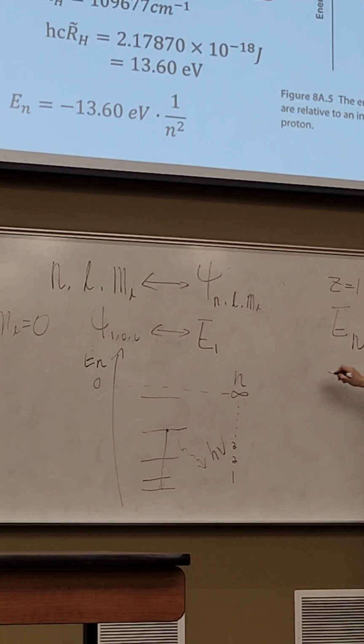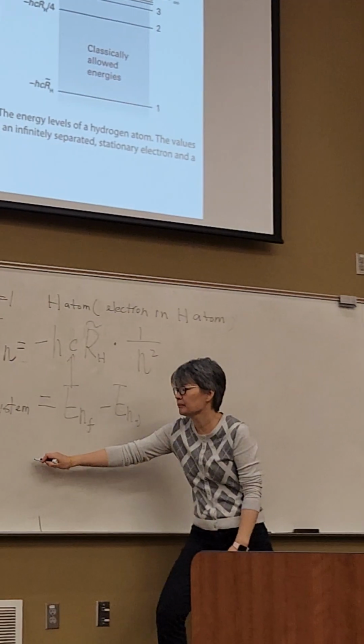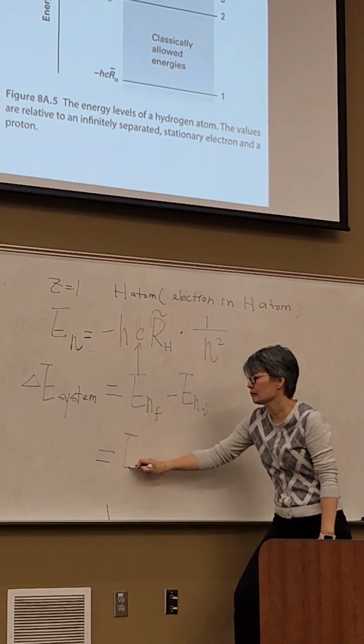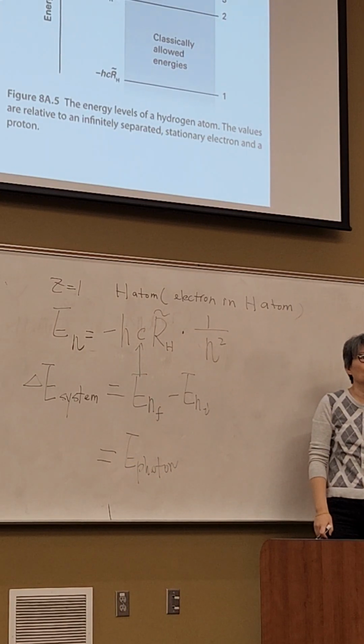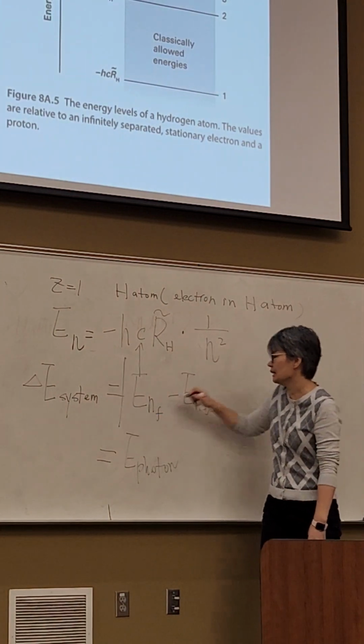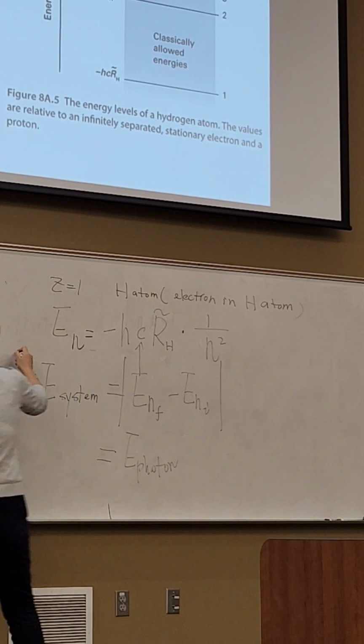So the delta E for the system is the energy of the final state minus the energy of the initial state. That energy has to be matched with the energy of the photon. That's the Bohr frequency condition. Because this is emission, we just put the absolute value. We just want to know the difference in energy for the system matched with the energy of your photon.